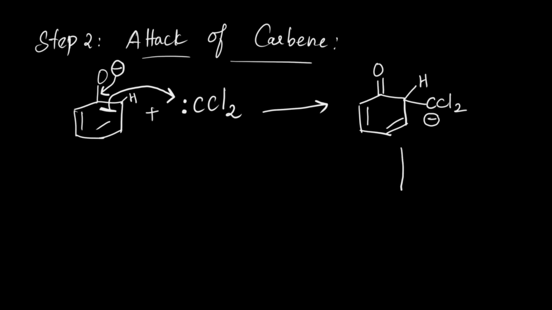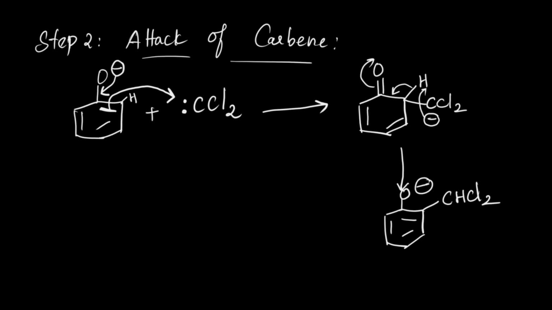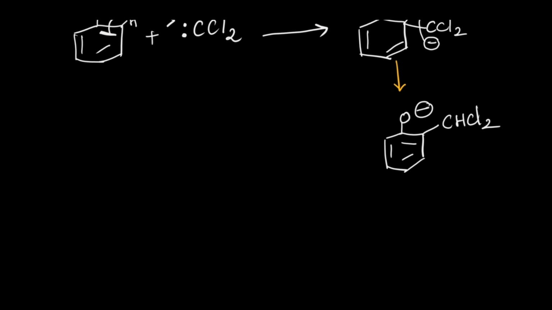Okay, now listen carefully. This minus charge is attracting the hydrogen. So hydrogen leaves here by giving up the electrons and joins with CCl2, which makes it CHCl2, and oxygen becomes O minus. Let me write it clear. As a next step, what can happen?